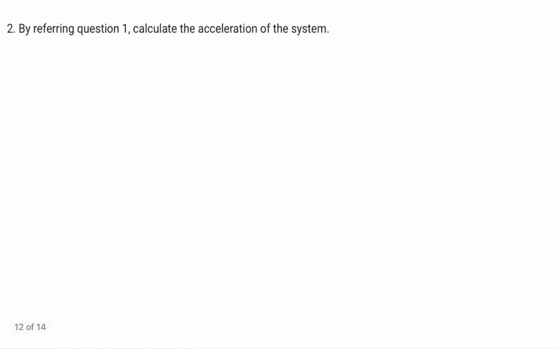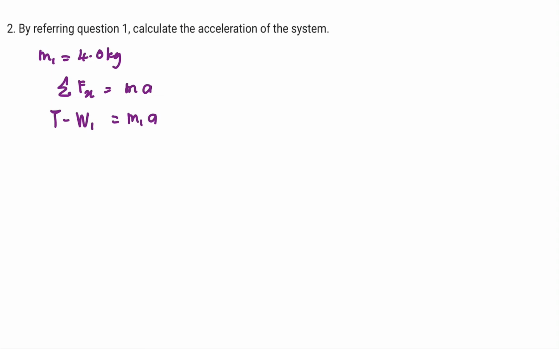Number 2, by referring to question 1, calculate the acceleration of the system. So from the free body diagram, for the first, M1, 4 kilograms, you can use summation Fx equal to ma, and here is T minus W1 equal to m1a.